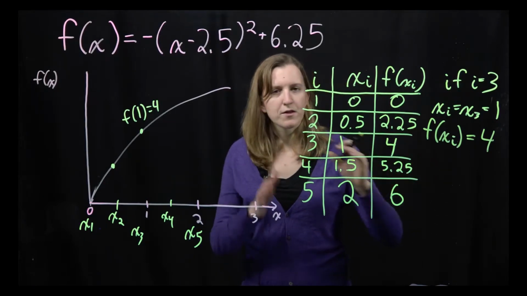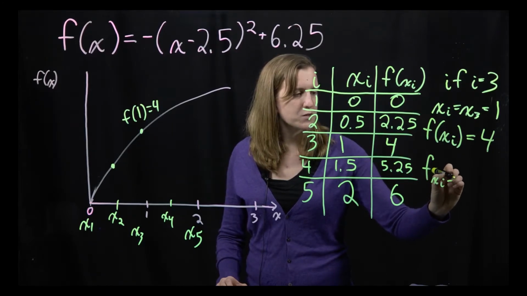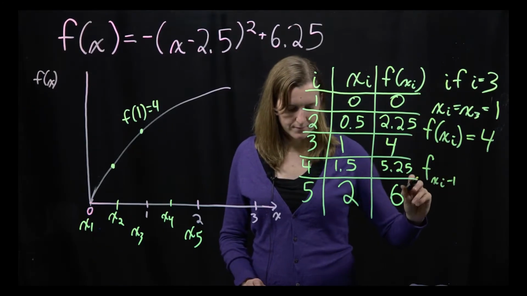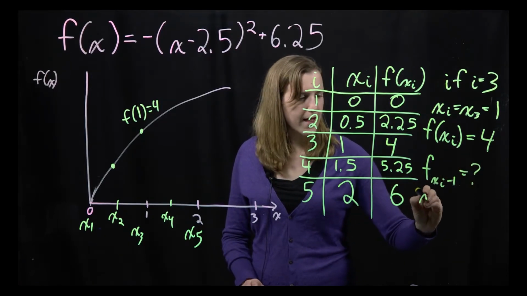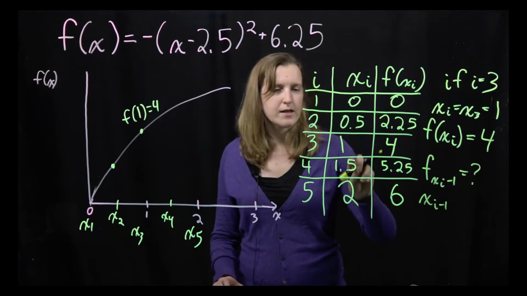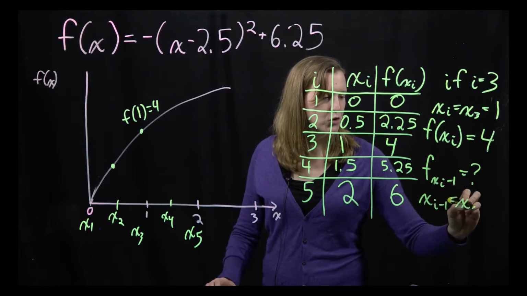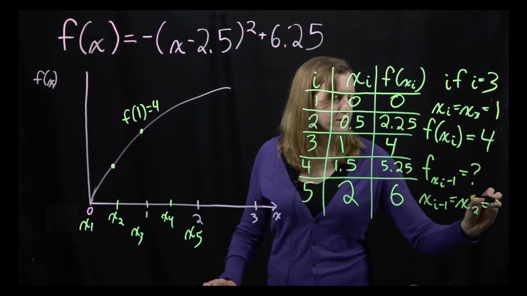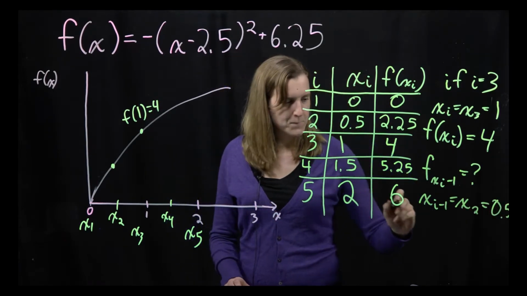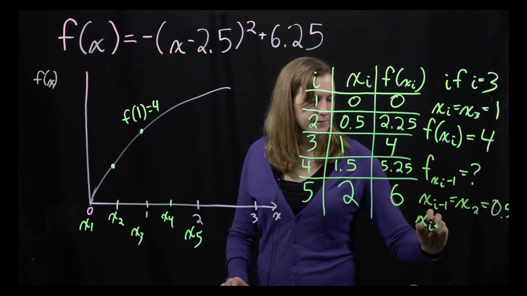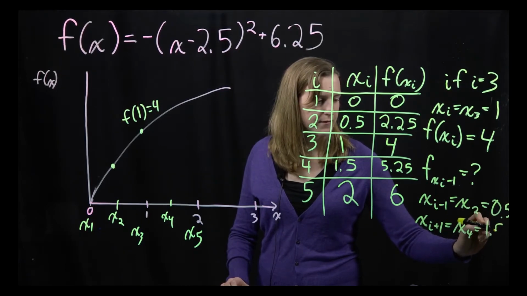Like before, we can refer to the points on either side. So we can look at f of xi minus 1. We want to figure out what this value is. We know that xi minus 1 is equal to x2, and we see that x2 is equal to 0.5. We can look at xi plus 1. This is x4, and that equals 1.5.